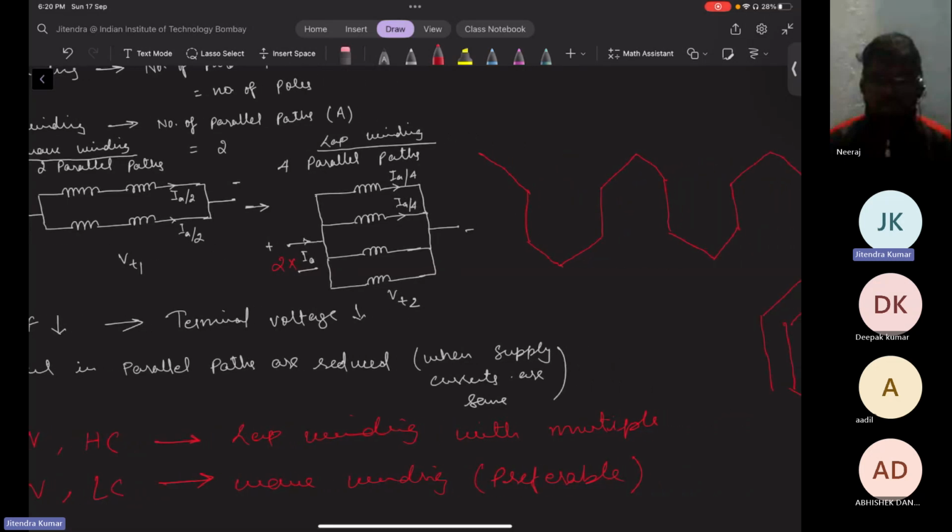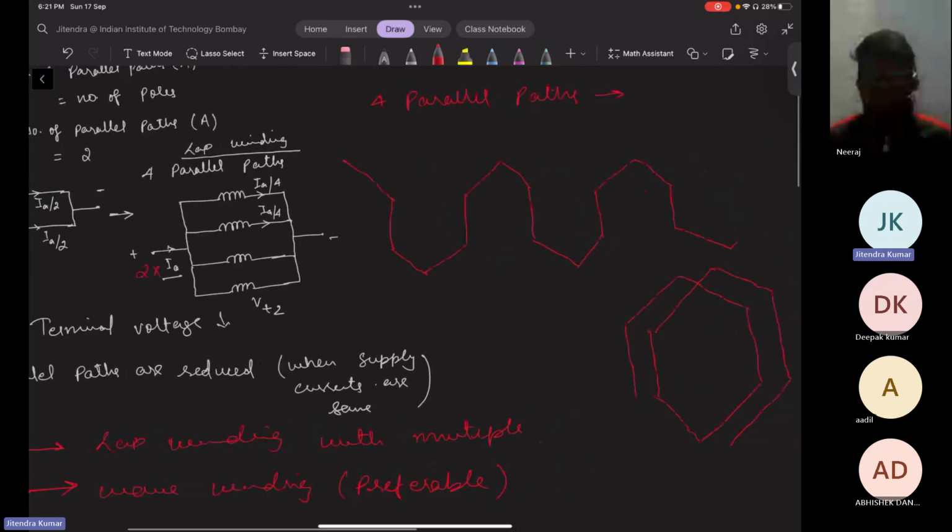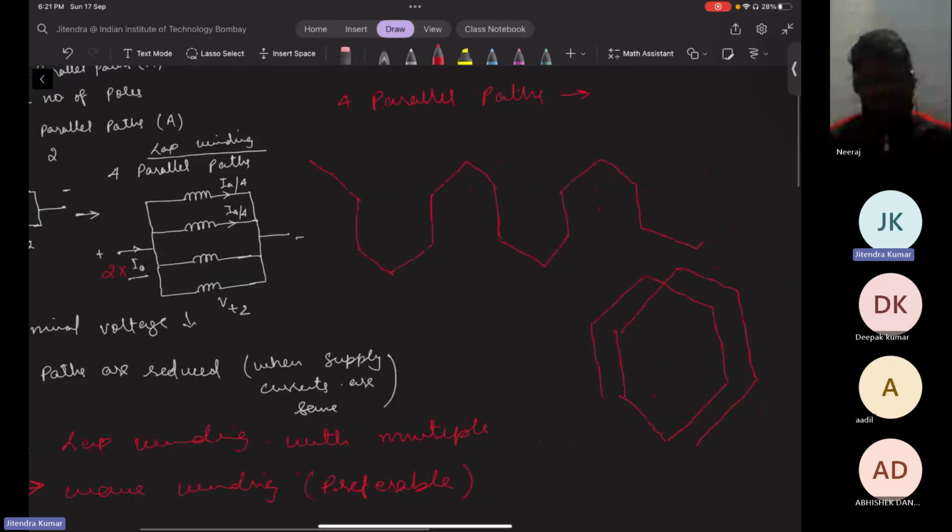So here in four parallel paths, we have IA by 4. If you are providing 2 paths, then it will be IA by 2, right?